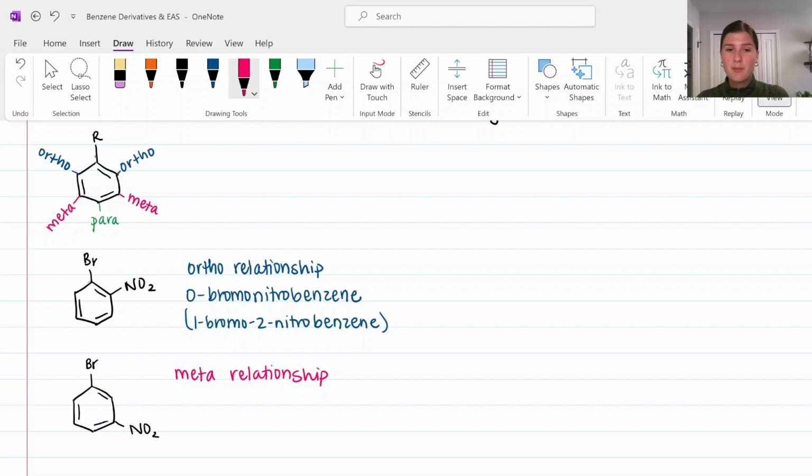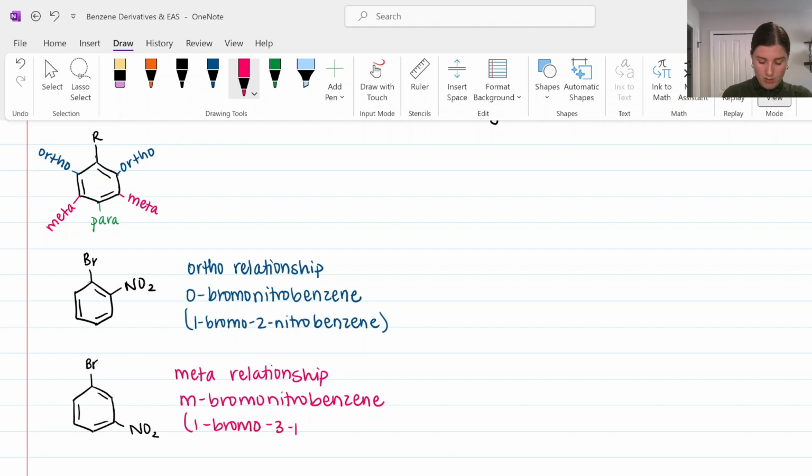So the name looks almost exactly the same as the previous one, but instead of the O at the front of the name, we have an M. So it's M, or meta, bromo nitrobenzene. If we were to use numbers, it'd be 1 bromo, 3 nitrobenzene.